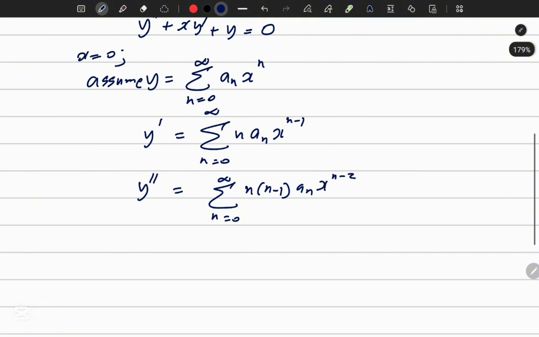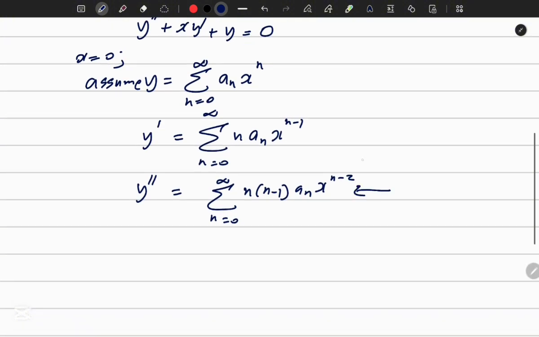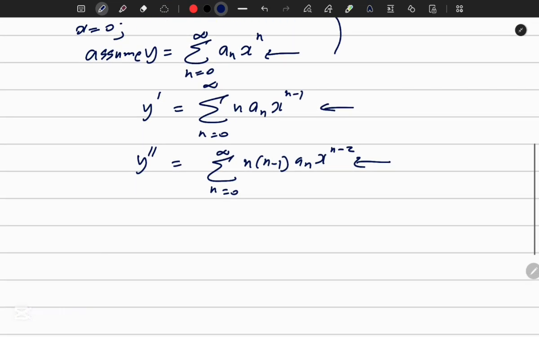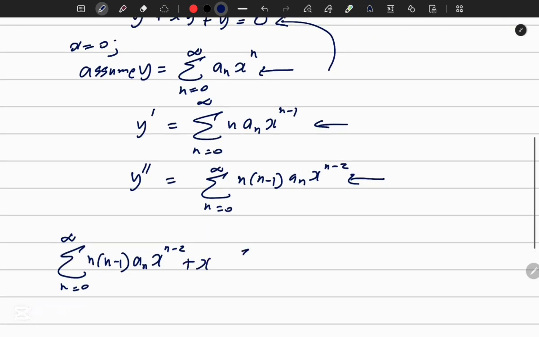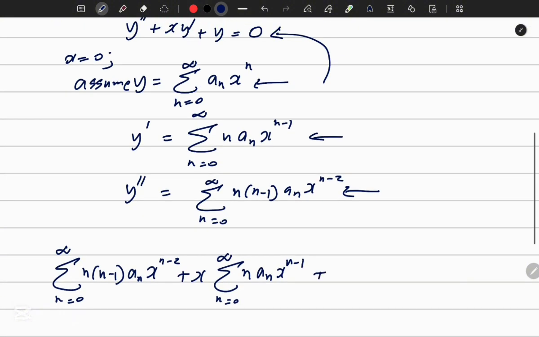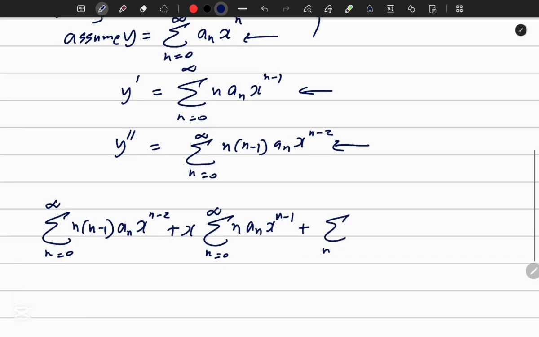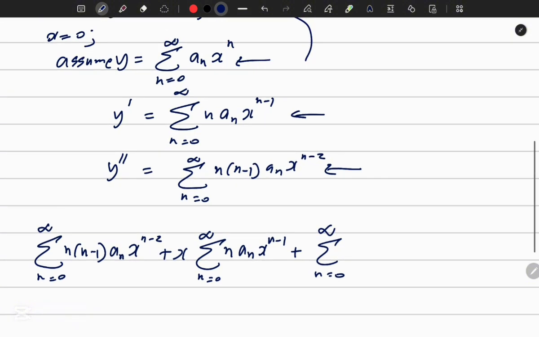Now I'm going to substitute each series into the equation. So y'' is sigma n from 0 to infinity n(n minus 1) a_n x to the power n minus 2, plus x times sigma n from 0 to infinity n a_n x to the power n minus 1, plus sigma n from 0 to infinity a_n x^n equals 0.